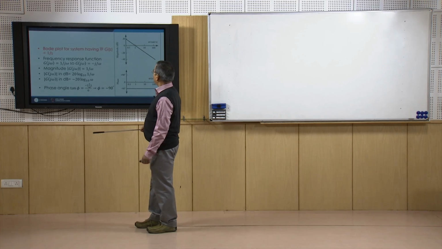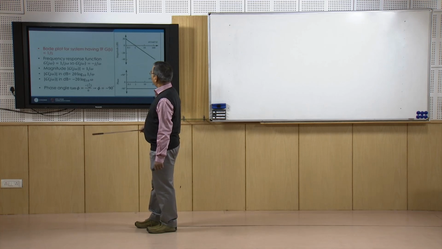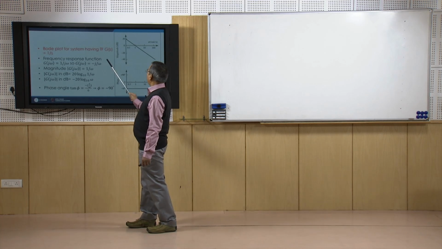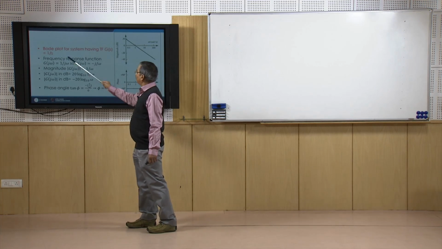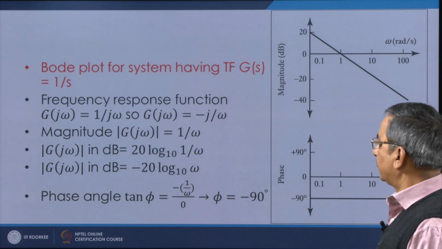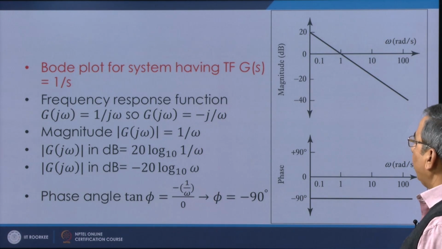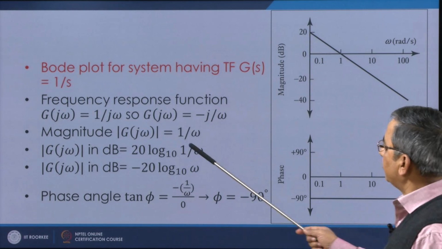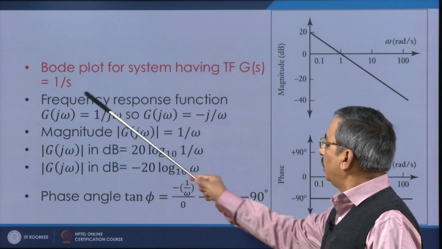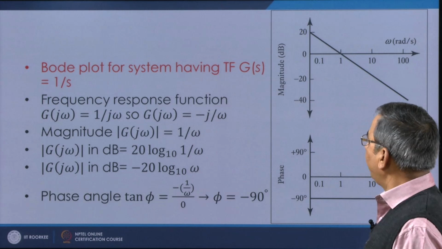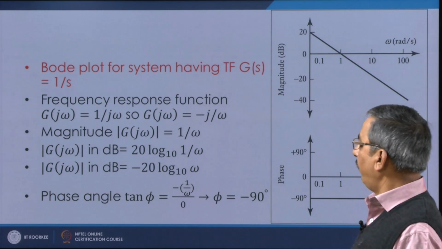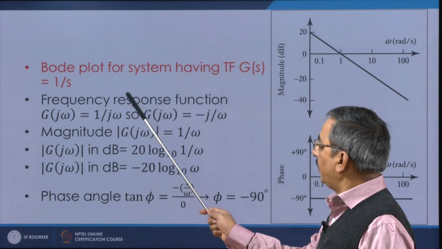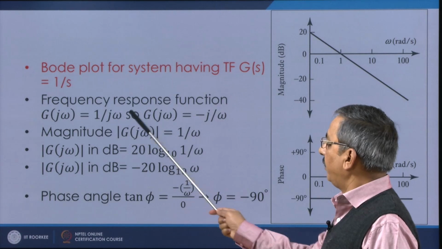Now, let us look at the Bode plot for a system having transfer function G(s) equal to say 1 by s. Again, we can get the frequency response function for G(s) equal to 1 by s by replacing s by jω. So, G(jω) is 1 by jω.